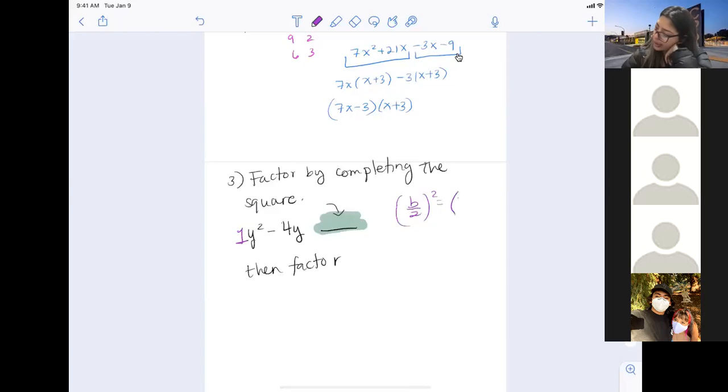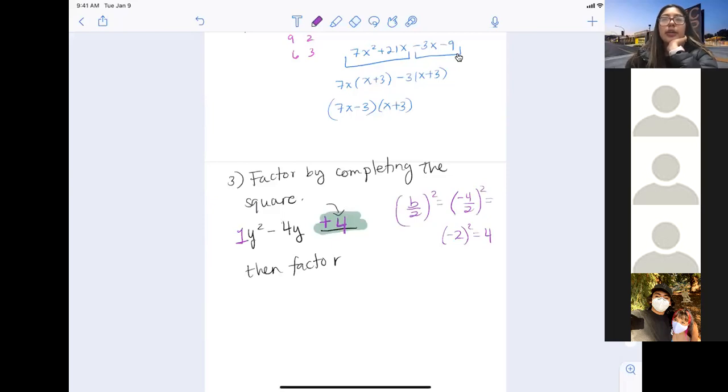So b in this case is -4 divided by 2 and square it. You get -2 on the inside, but you always want to keep it in parentheses. And then I get a +4. That's the number I have to add. A 4. Okay.